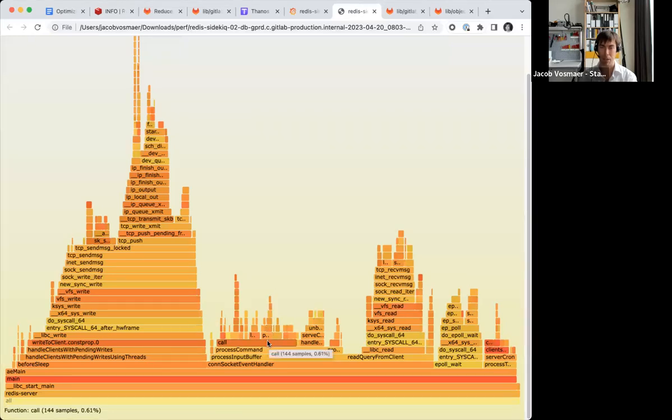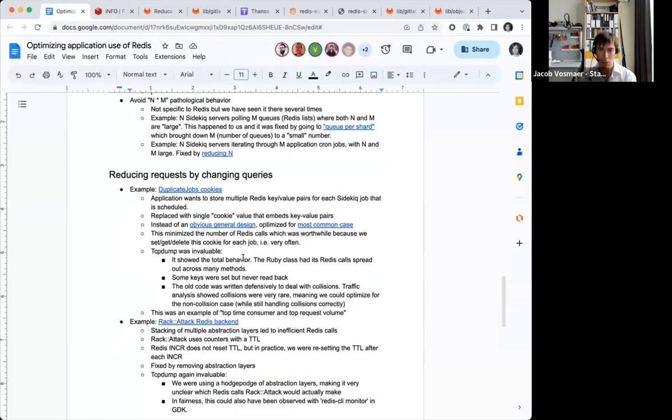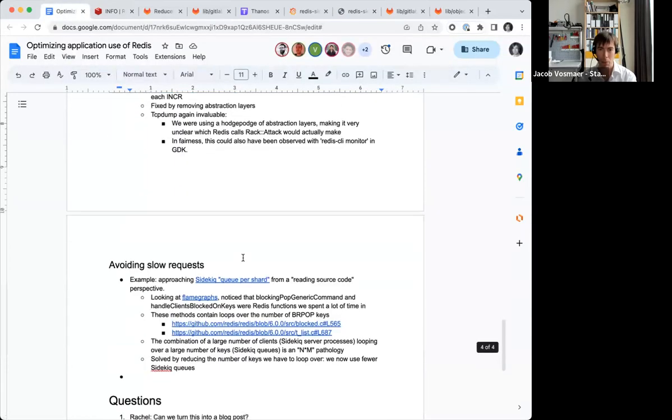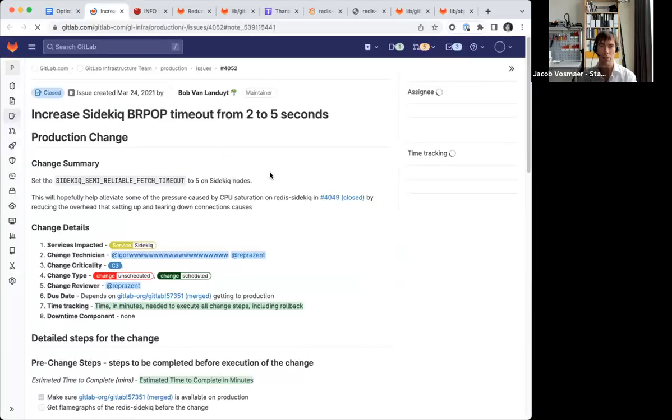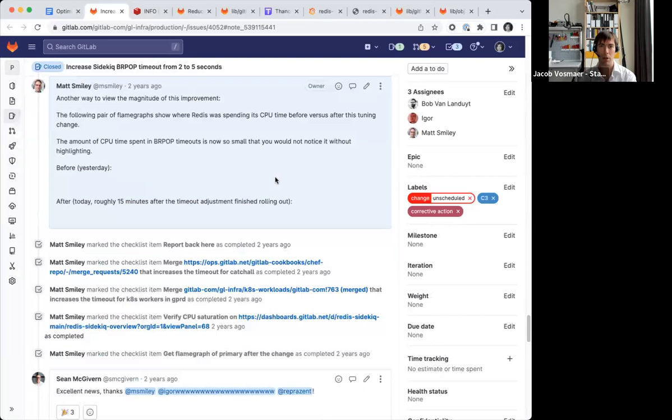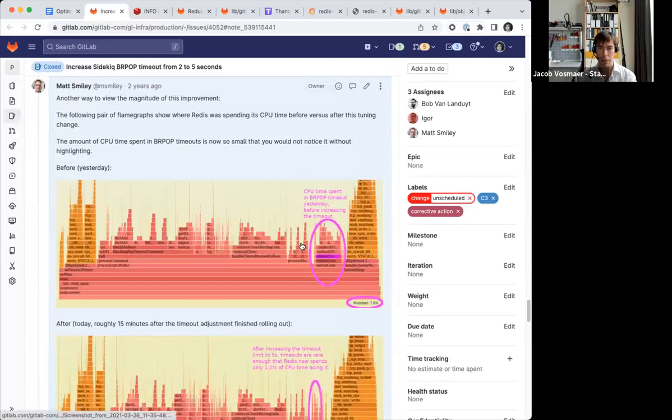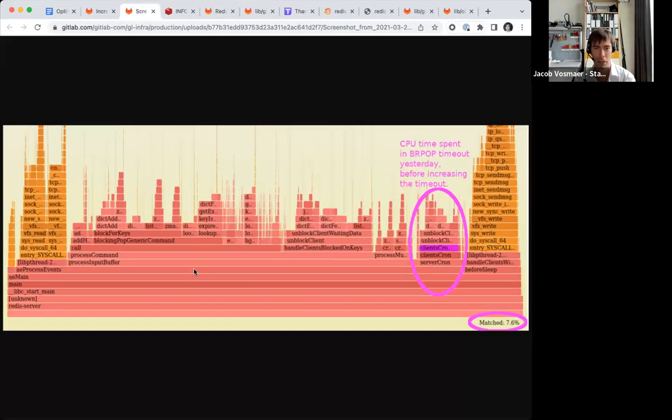And I don't have an example up here. Although I think I had one somewhere. So in the case of Q per shard, we had some flame graphs, and this is actually about something else, but what you can see here is that the blocking pop generic command takes a long time, and no client blocks on keys takes a long time.